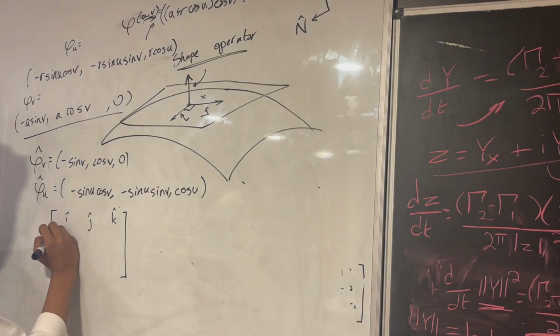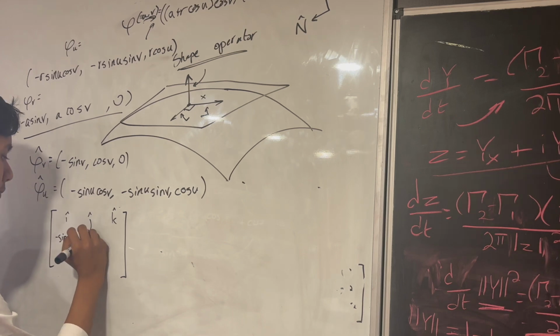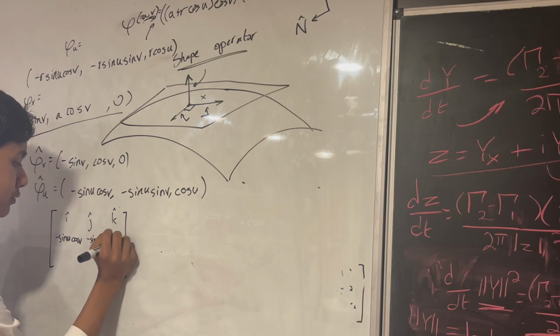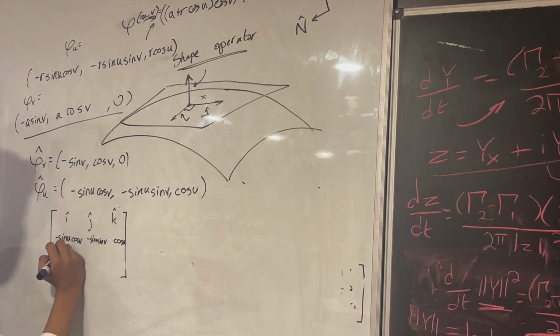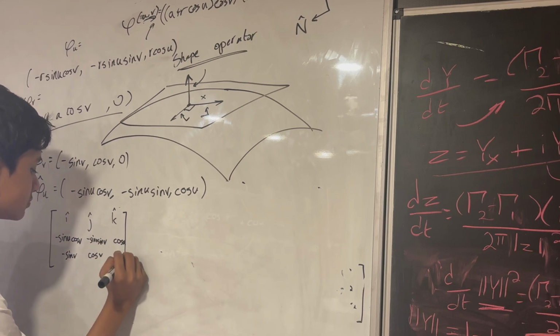But anyway, you get minus sine u cosine v, minus sine u sine v, cosine u, and then minus sine v, cosine v, 0.